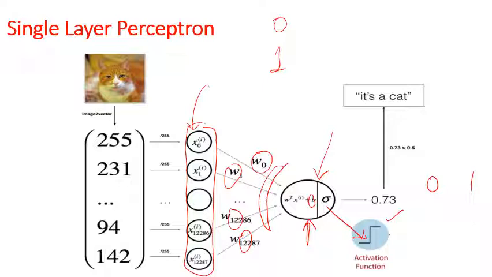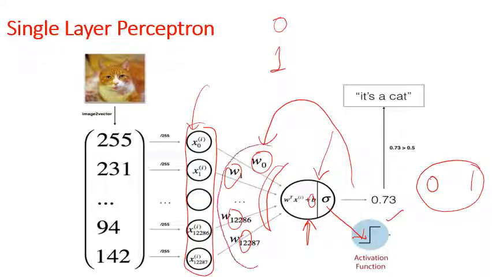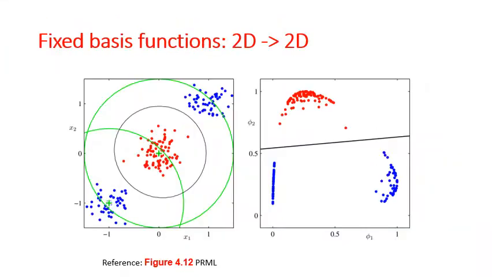So then I need to back propagate this error, fine tune my model. Fine tuning my model means I will need to fine tune my weights, so that next time I feed the same image, I shall get 0, not 1, right? This is what we can do. Just to remember, here we are using an activation function, which is a step function, right?